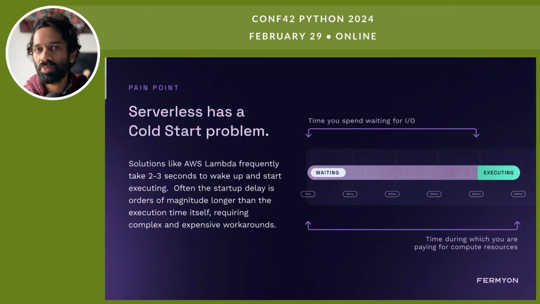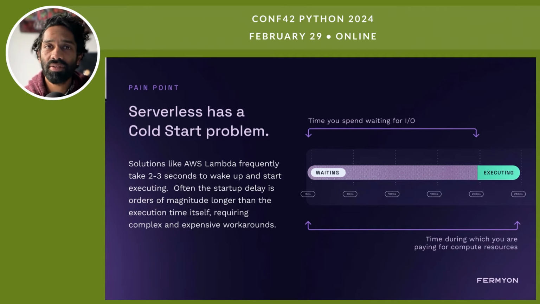But with how services such as Lambda and Azure Functions are structured, there is something called a cold start time, which means there is a finite amount of time between the request being sent and the program actually starting up. It could take even about 2 to 3 seconds with AWS Lambda, but typically we see maybe about 500 milliseconds as the cold start time.